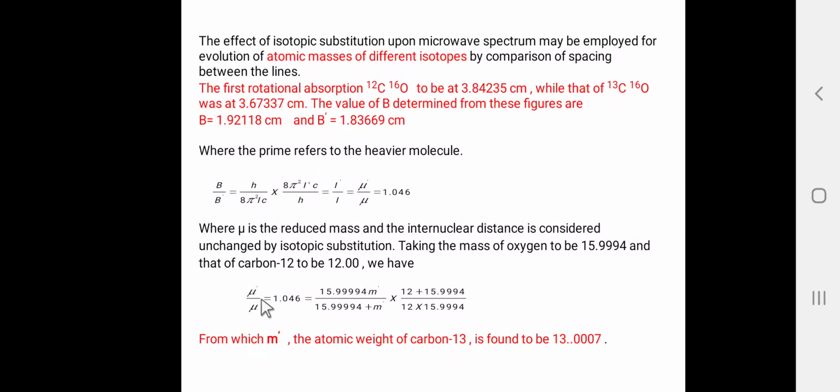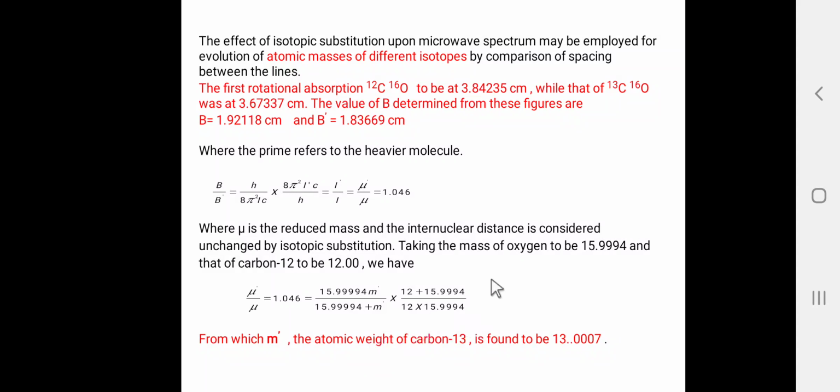So, substituting, mu dash divided by mu is equal to 1.046, that is 15.9994 m dash divided by (15.9994 + m dash), divided by 12 into 15.9994 divided by (12 + 15.9994). So, when we solve this equation, we can find out the value of this m dash, that is the atomic weight or atomic mass of the carbon 13, which is found to be 13.007.